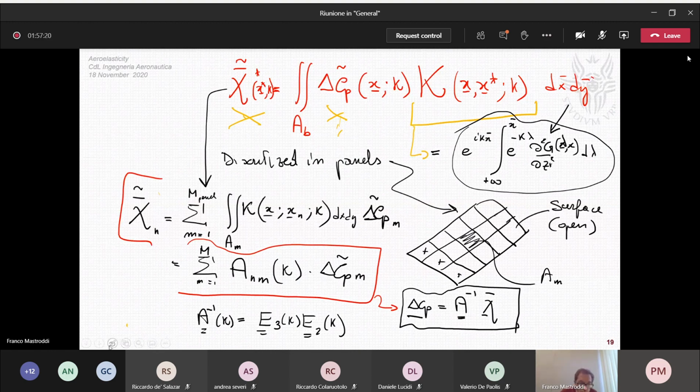Here you have to integrate from plus infinite to x, and this is a wake contribution. So you have the wake contribution, but you have it in analytical form, not numerical.